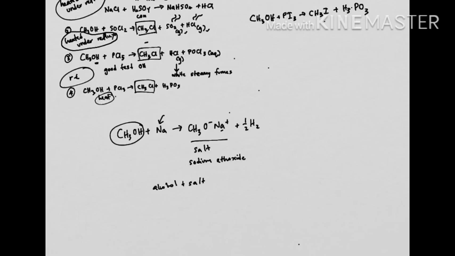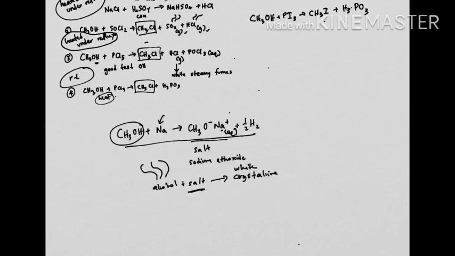If you just leave it, the alcohol will evaporate and you are going to get the ethoxide salt. The reaction mixture is aqueous because sodium is soluble in water, but if you let it evaporate, this salt can form crystals, a white crystalline solid.